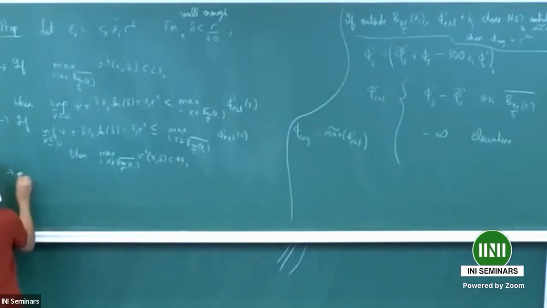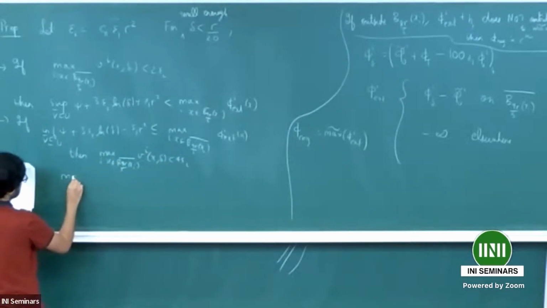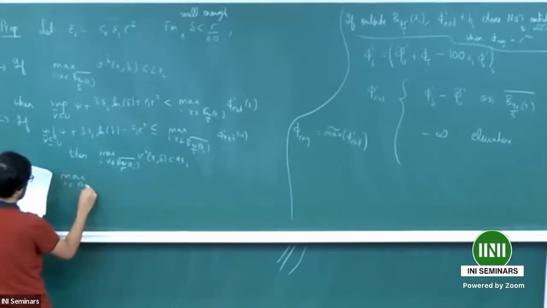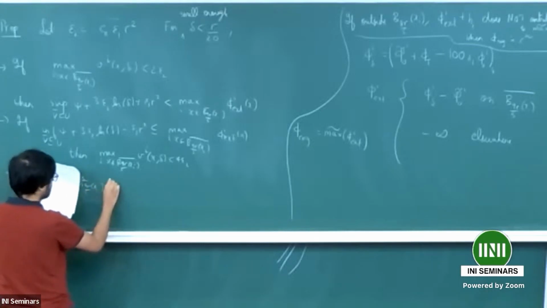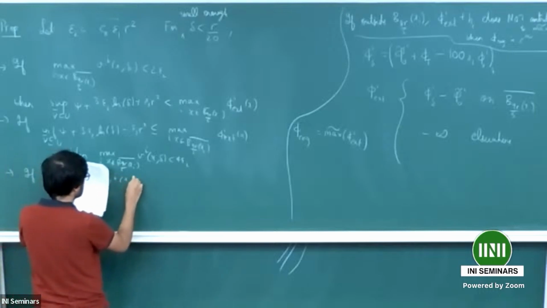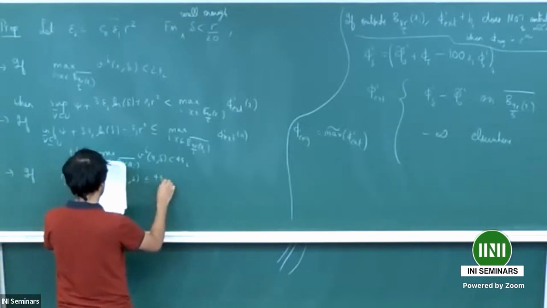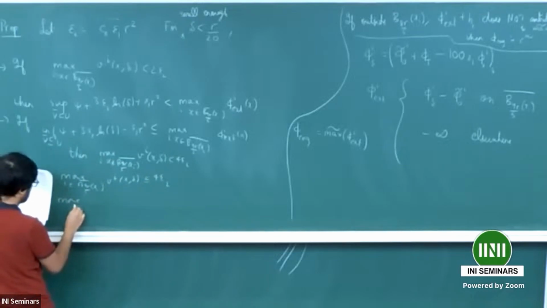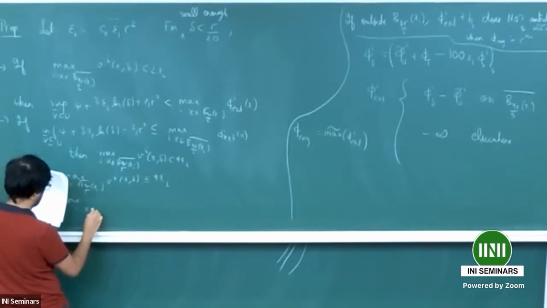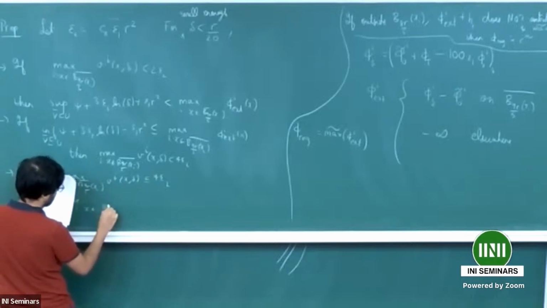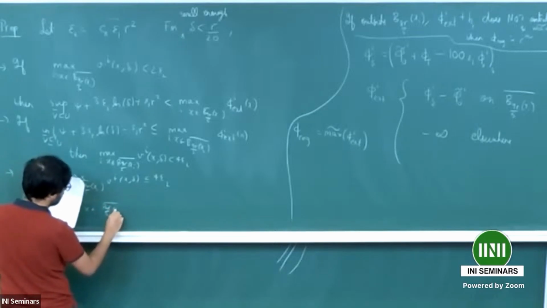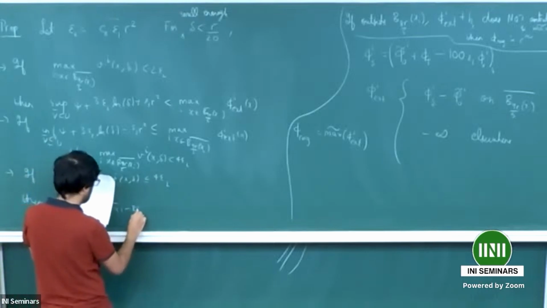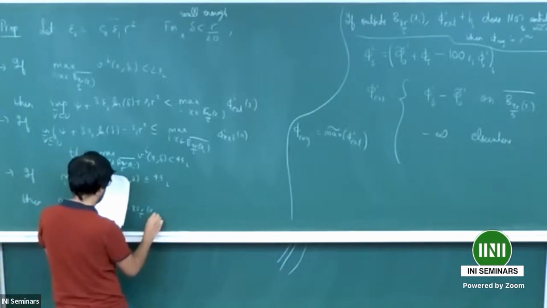And lastly, if the Lelong numbers are all very small, then you can patch these using the Rydberg method. Then the max of 9r over 5 if minus 8r over 5.